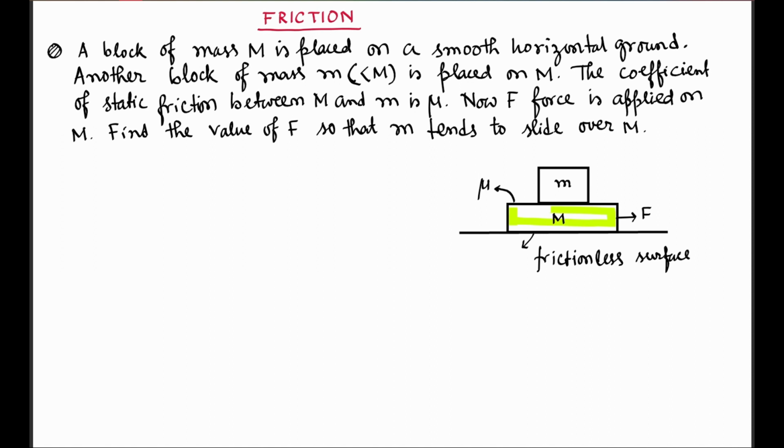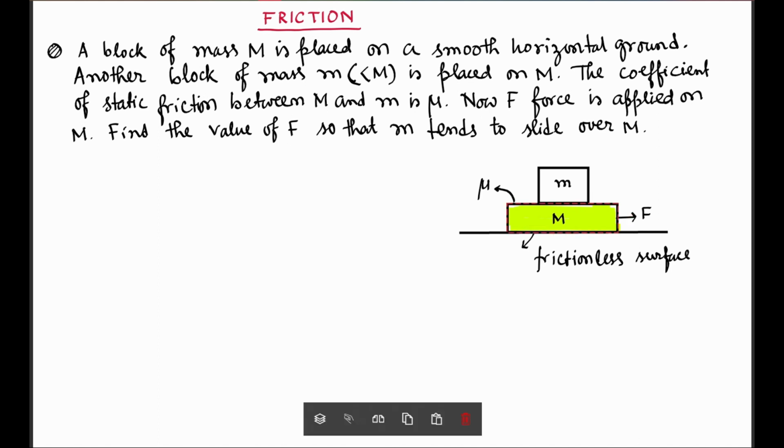Now, as this larger block is placed on smooth surface, for the lower part there is no friction acting, but in the upper part there is a friction. Now when F force is applied, then this block tends to move towards right.